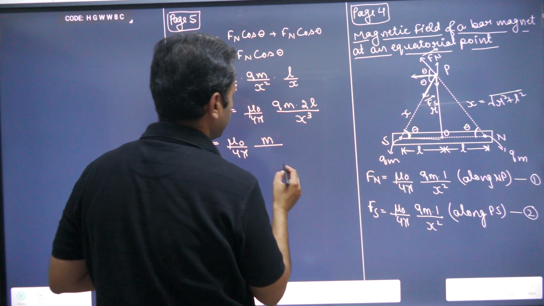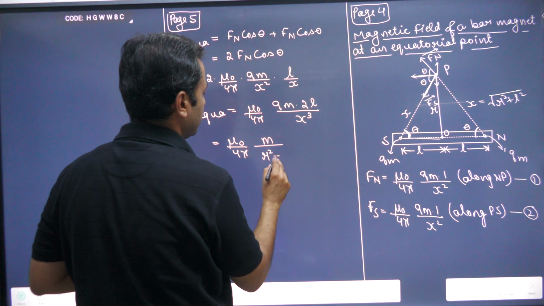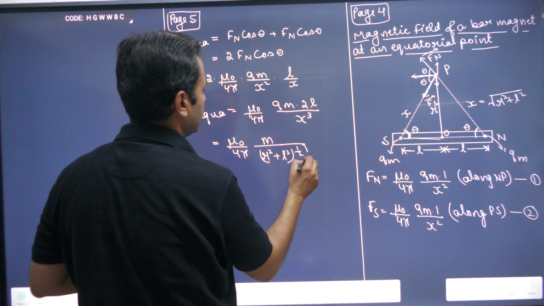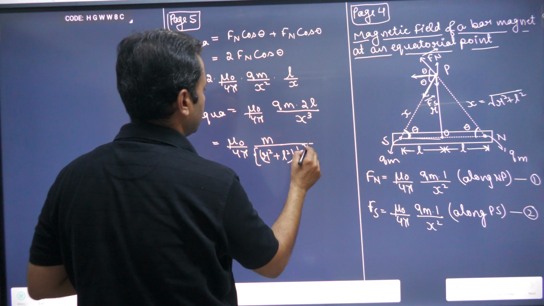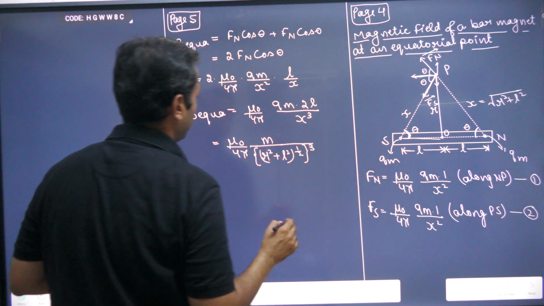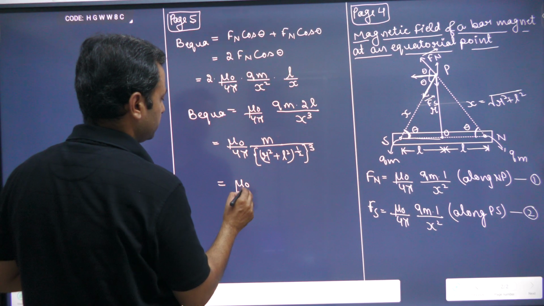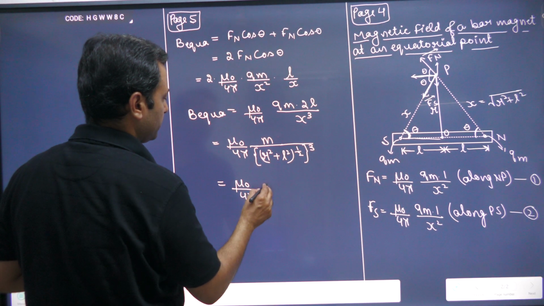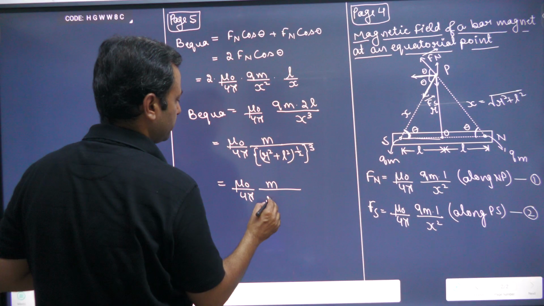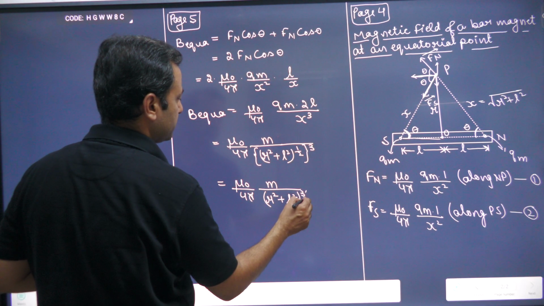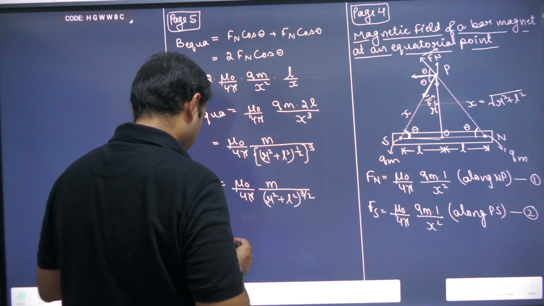What is x? x is the square root of r square plus L square, so x cube is r square plus L square to the power 1 upon 2, whole power cube. The powers get multiplied, giving r square plus L square whole power 3 upon 2.